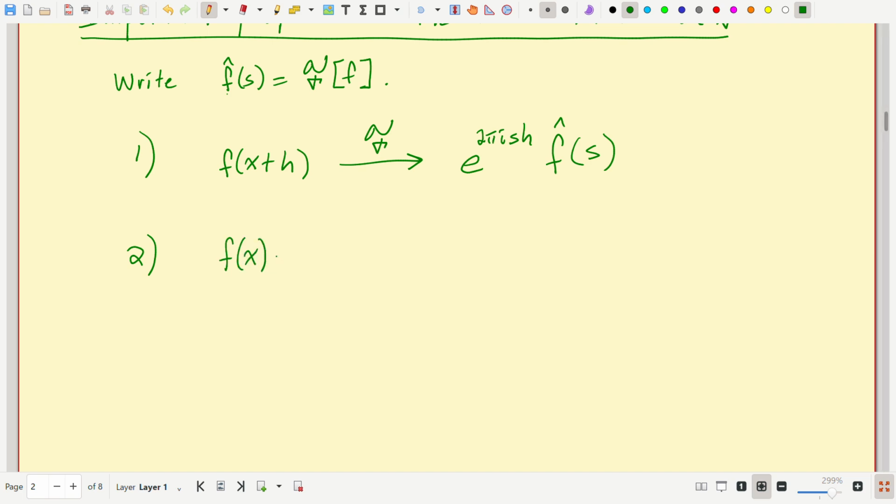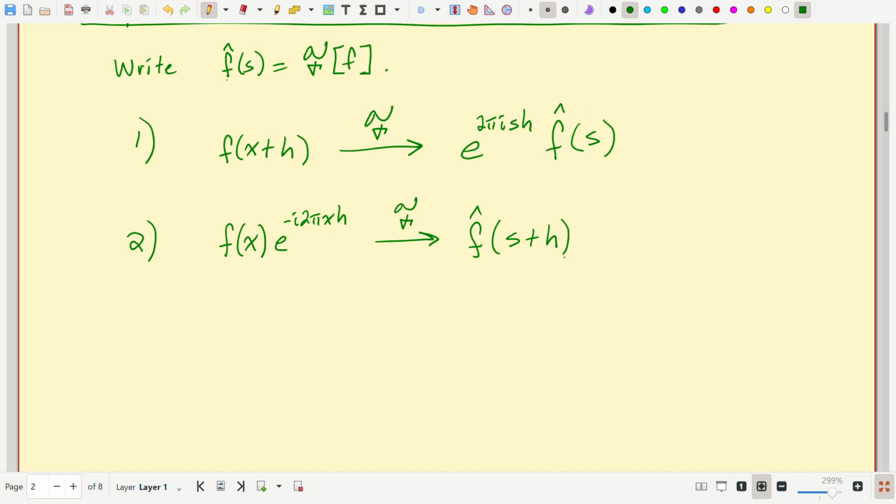Let's see, and the funny thing, there's always a dual formula. If I multiply a function by e to the 2 pi i x h and hit it with the Fourier transform, then that shifts the Fourier transform. So there's sort of a mirror duality going on here in all these formulas.